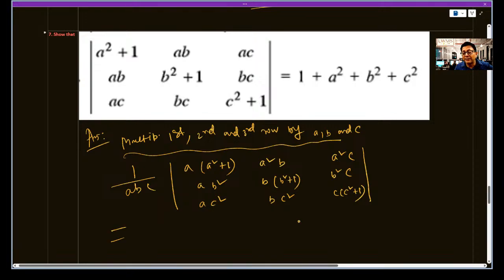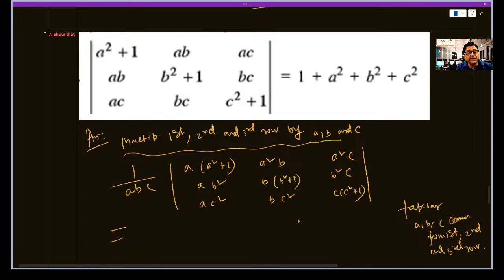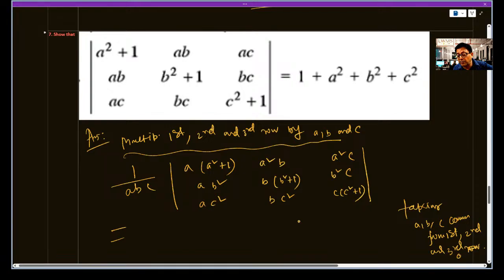Now I will be taking ABC common from first, second and third column. Clear? So if you do it, third row no, it is column.